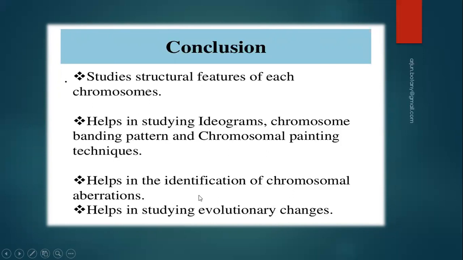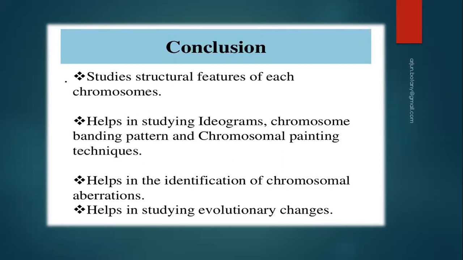We know that chromosomal aberration can happen through different activities such as mutation, recombination, or variation. There are many events that can alter the chromosome. That's why chromosome painting is very important for the identification of chromosomal aberration.